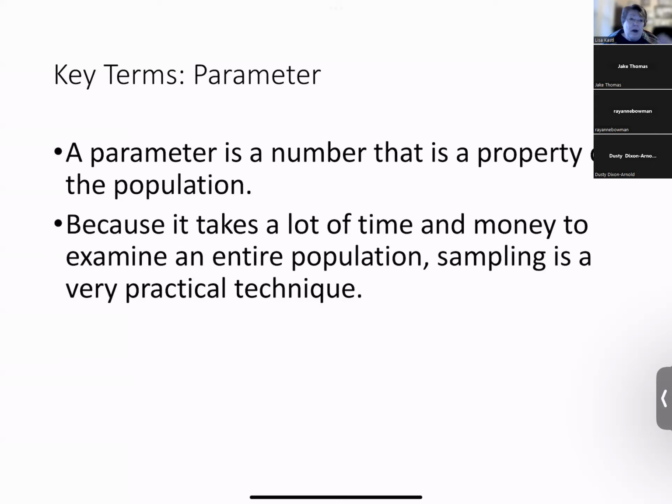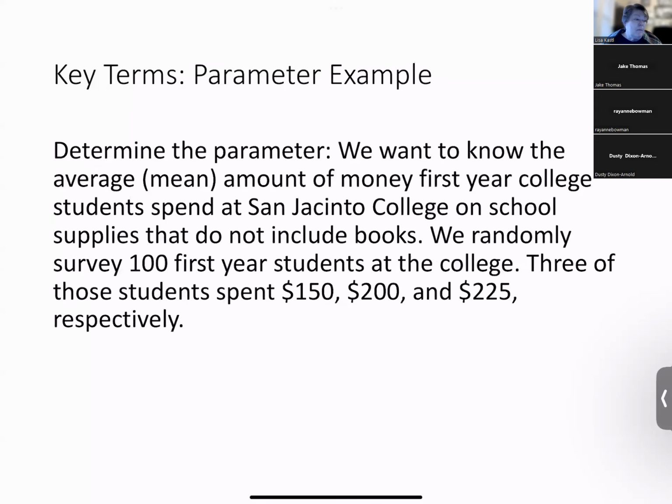As we talked about, this is probably not practical, although in our particular case, the entire student body at Redlands is not humongous, so we might be able to do it, but it's still large enough that it probably makes sense to take a sample.